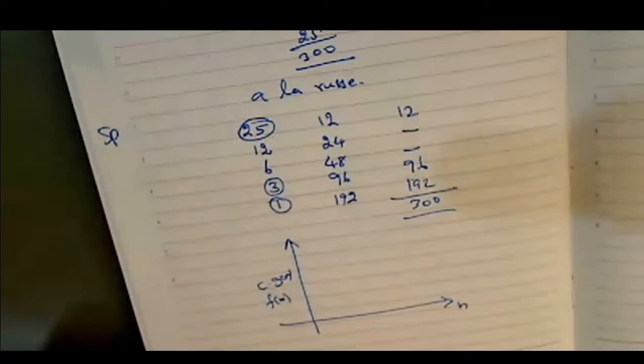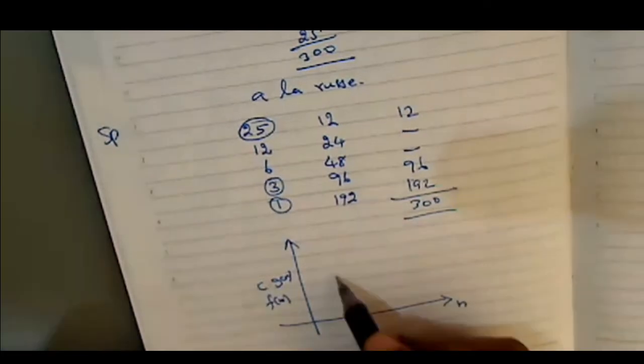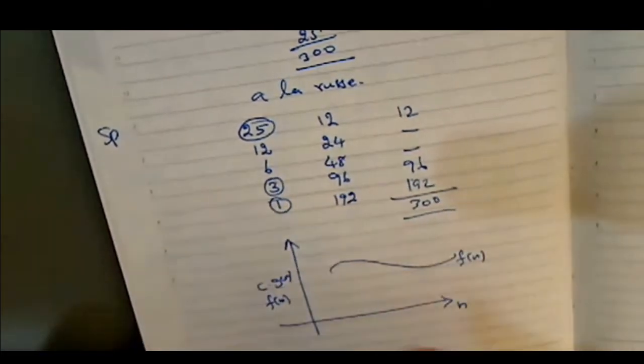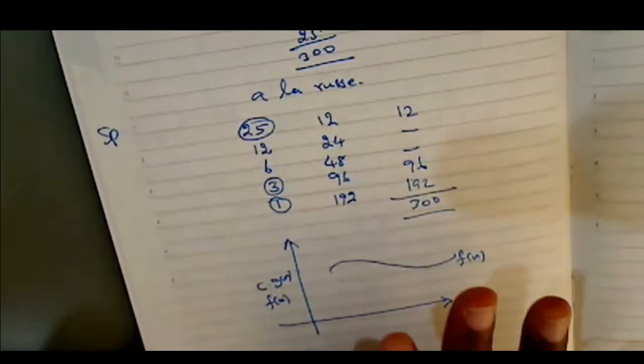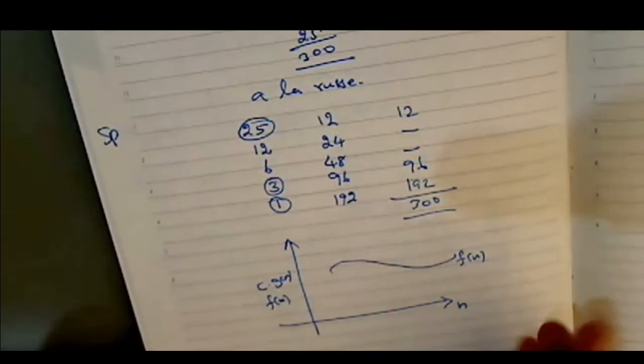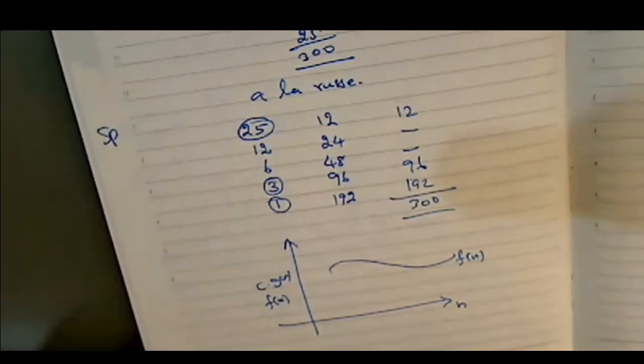We can consider two curves, one for f of n, one for c into g of n. This is only an example to illustrate this concept. We do not know what the function is. Some function is there, and for the function we can have a curve, something like that.